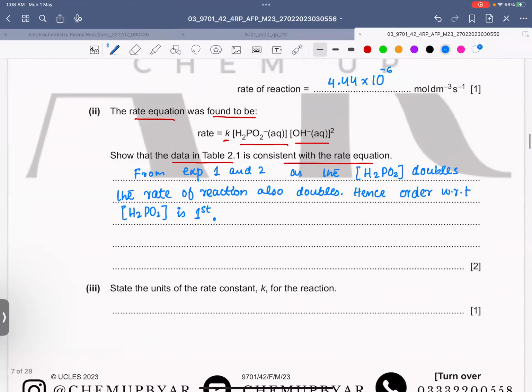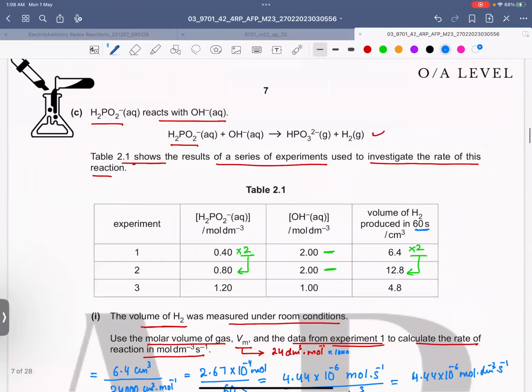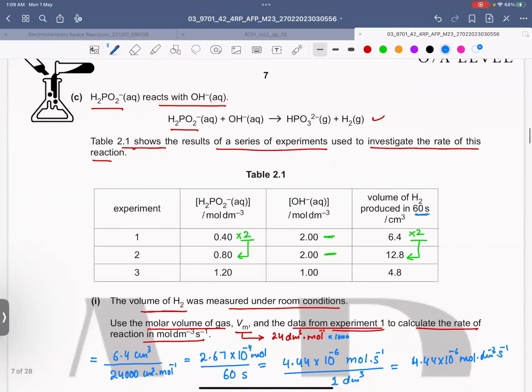Is this understandable to everyone? From experiment 1 and 2? Yes, is this clear? Yes, sir. Okay.